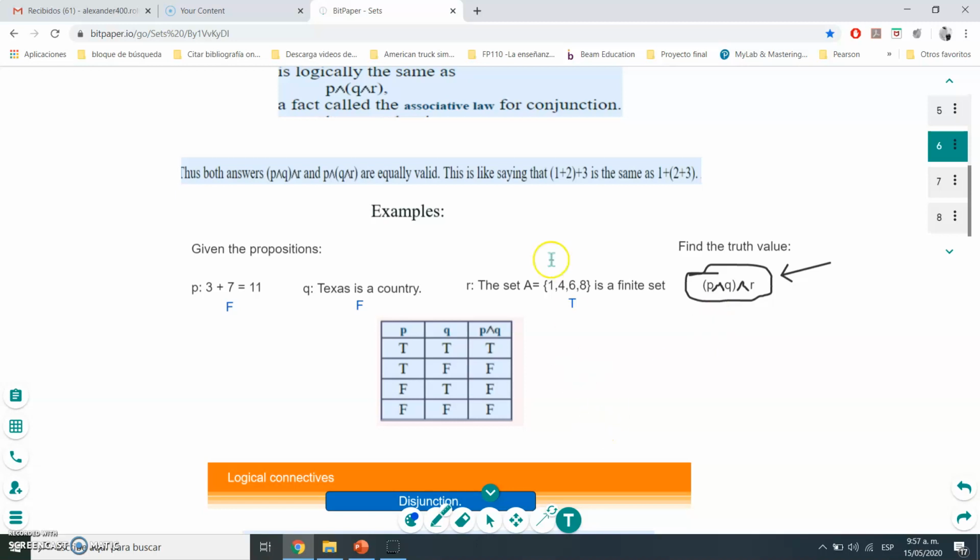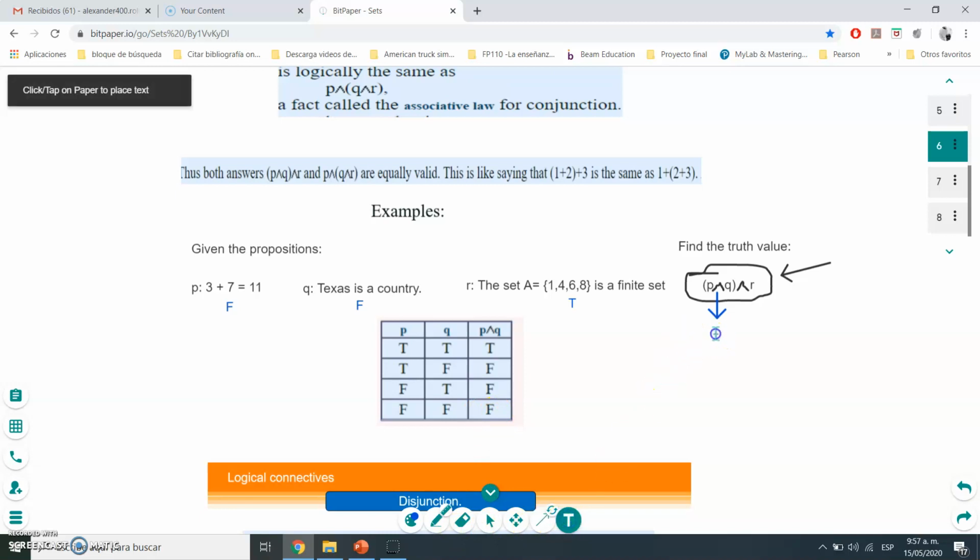What can we do for that purpose? We're going to solve first P and Q. Looking at the truth table, P is false and Q is false. So let's see in the truth table. False and false will be false, all right? So the result for this will be false.